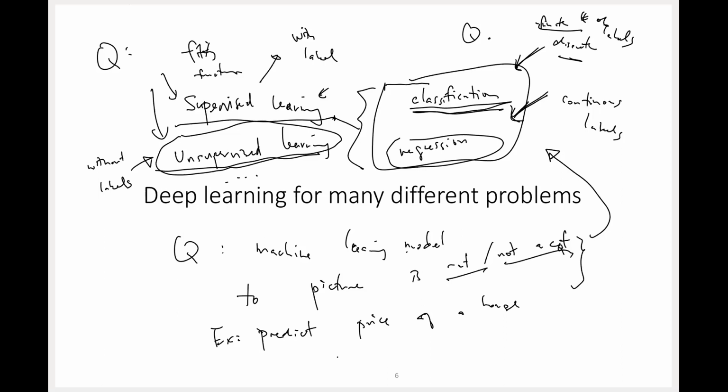I may have different features here, like the size of the house, how many floors it has, how many bedrooms, how many bathrooms, where the location is, and so on. Based on those features, we are going to predict the house price, and that will be a classic regression problem.